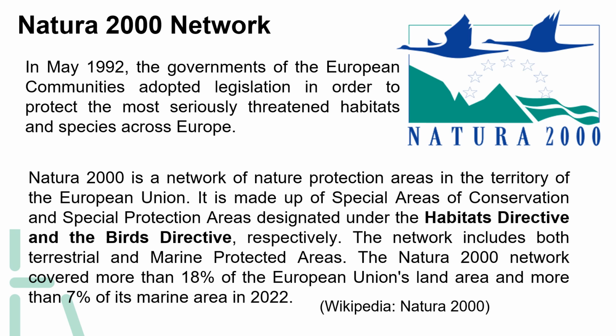It's made up of special areas of conservation and special protection areas designated under the Habitats Directive and the Birds Directive, respectively. The network includes both terrestrial and marine protected areas. The Natura 2000 network covers more than 18% of the European Union's land area and more than 7% of its marine area in 2022.